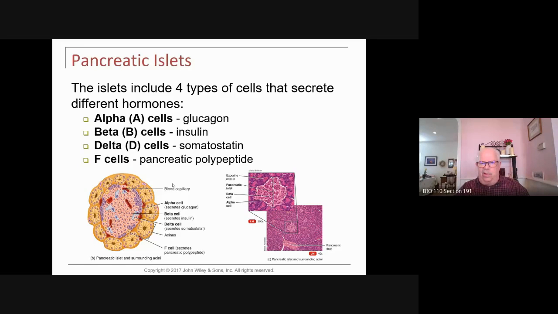These 2 hormones are antagonistic. Glucagon raises your blood sugar. Insulin lowers your blood sugar. Know that the alpha cells produce glucagon and the beta cells produce insulin. Very important. Don't worry about delta or F cells.